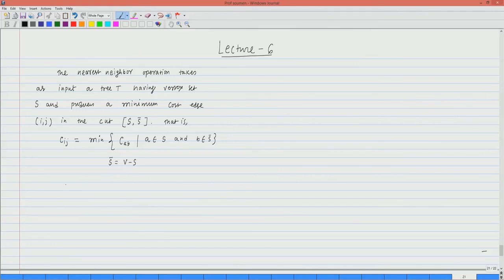Okay. So, let me give one example to illustrate this definition. I take this graph.